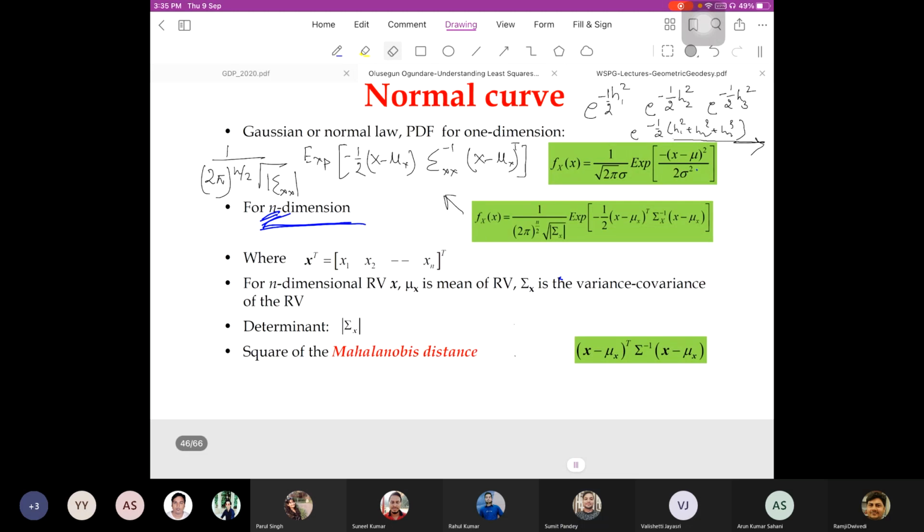Okay, so we were discussing the n-dimensional nature. Then the second part, which is our point of attraction here, is how do we write the x minus mu square if we have to consider multiple dimensions or a multiple vector. So here they have written x minus mu x as a transpose, then sigma x inverse, and then x minus mu x.